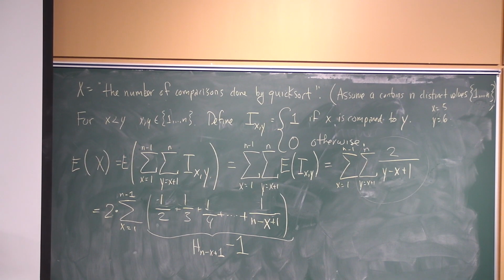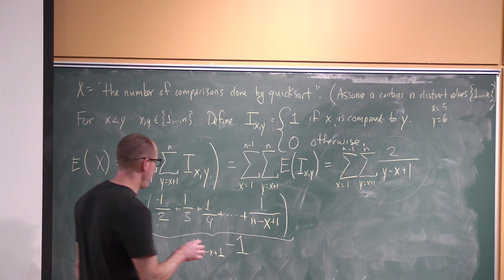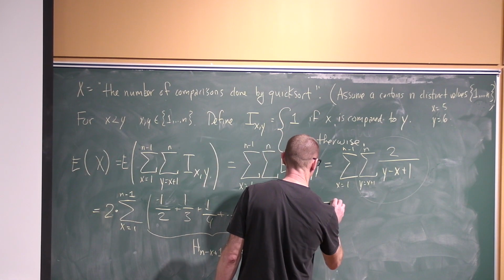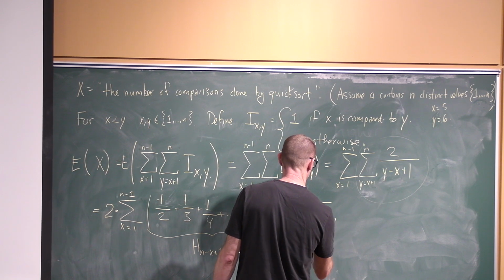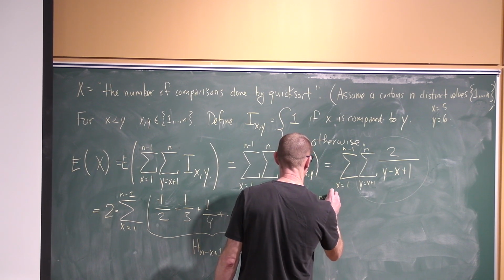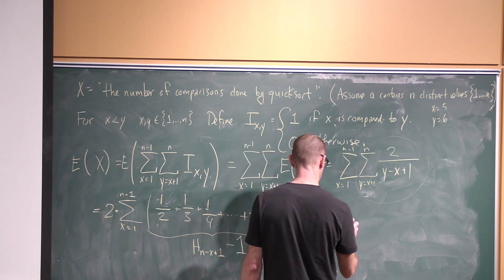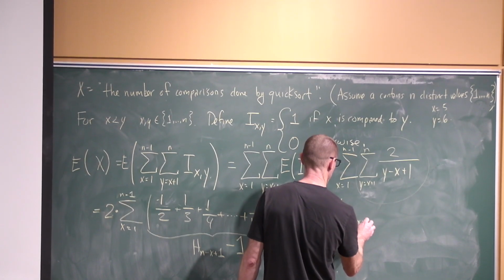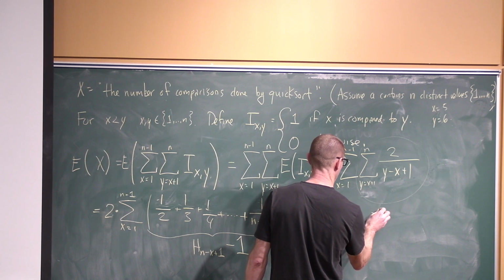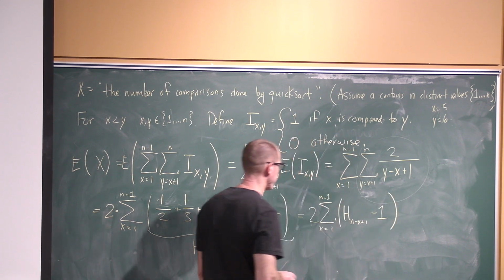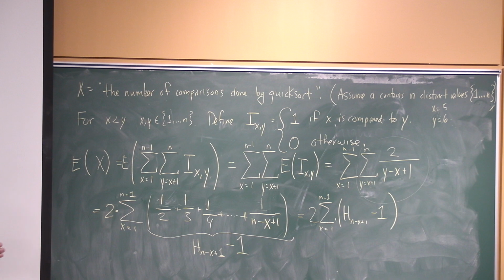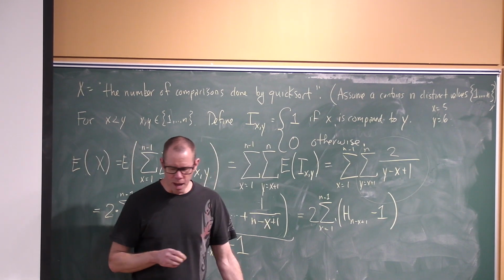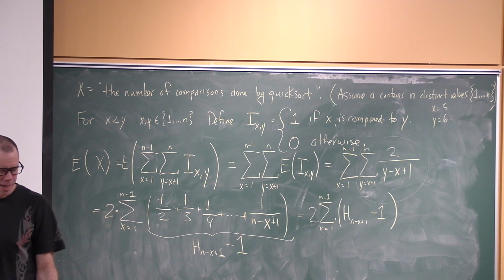Okay. All right. So this is 2, the sum, x equals 1 to n minus 1 of h sub n minus x plus 1 minus 1. Okay, let's be a little bit sloppy here because we'll get an answer that we like anyway.